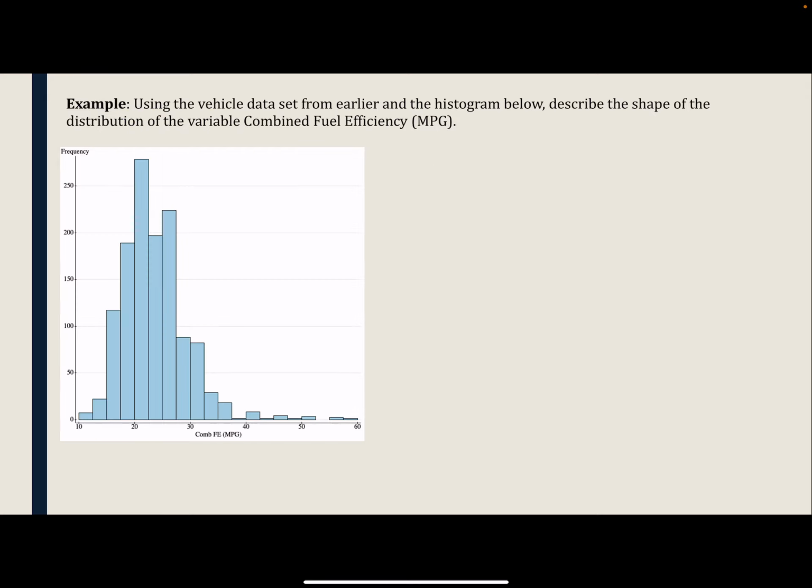All right, let's look at an example. This came from the data set way back in video 1. It's the combined fuel efficiency in miles per gallon. So we've got a histogram here. If we look at the shape of this histogram, let's talk about whether or not it's skewed or symmetric. Well, we have this tail here going off to the right, so we would say that this is skewed to the right.